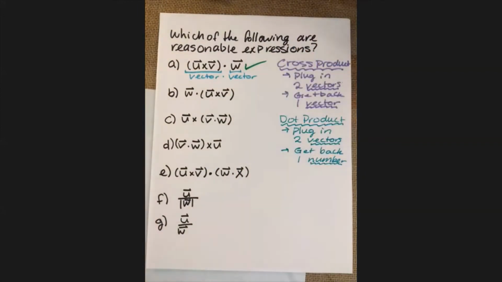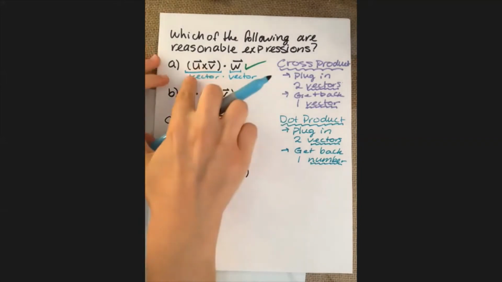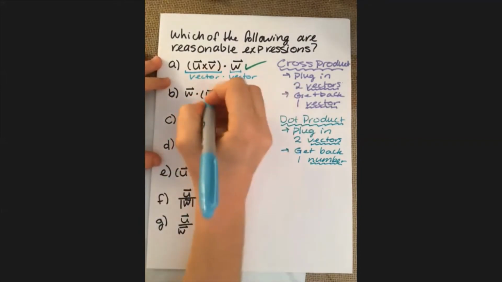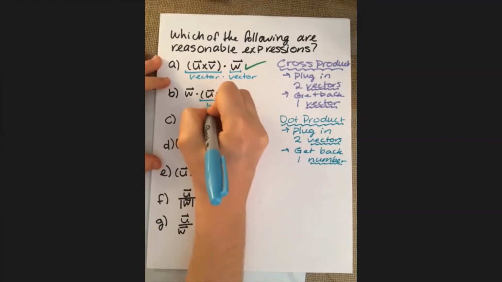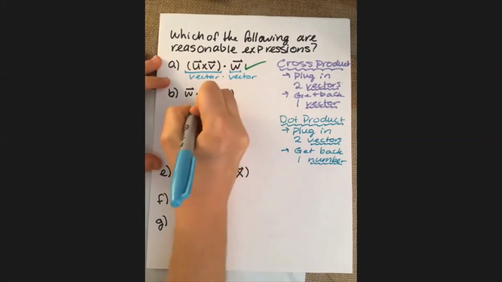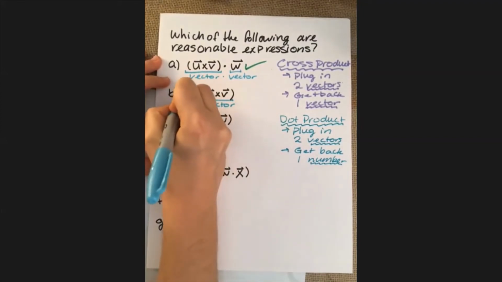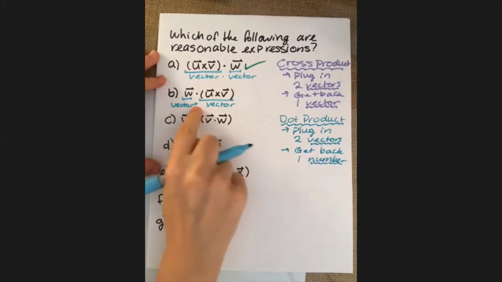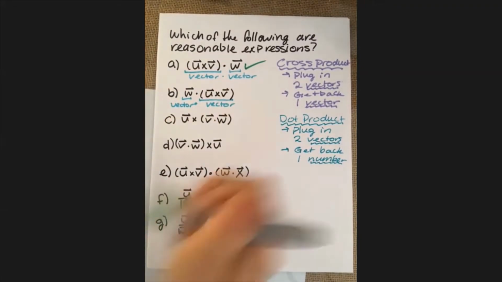So that one is good to go. We look at our next one, and it's actually kind of the same idea, except they've been flipped around. Again, the parentheses give us a vector. We have our dot product here. W is a vector. We're taking a vector dotted with a vector, and that is allowed.